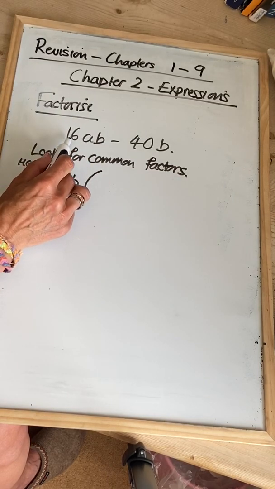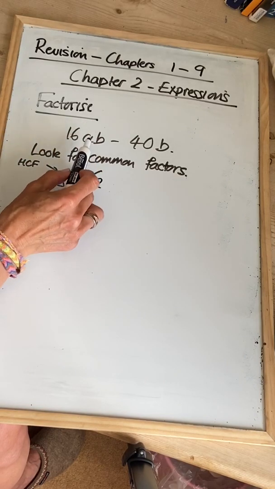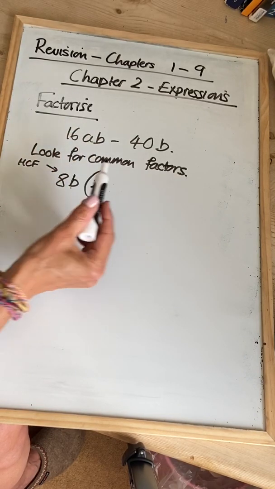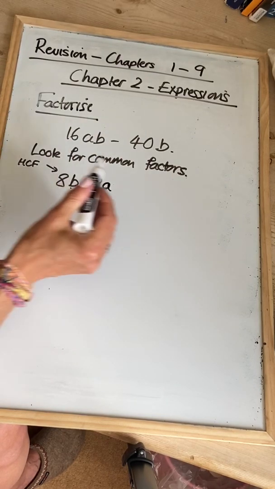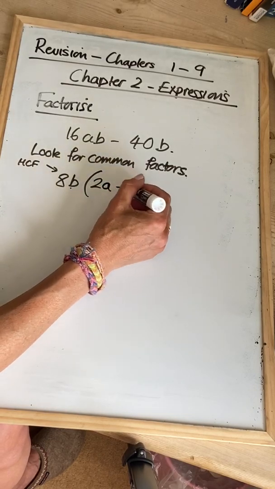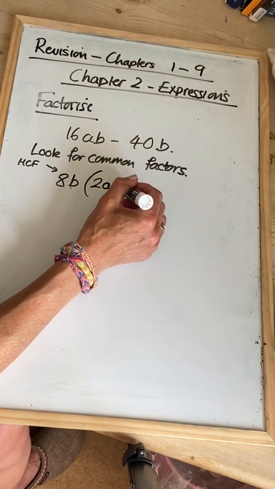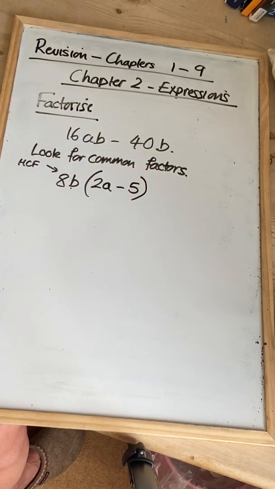Well, we want a 16, we've got an 8, so we need to times by 2. We want an AB, we've just got a B, so we need to times by A. Over here, we've got a 40, we've got an 8, so we need to times by 5, and it's a negative because it's minus. And we've already got a B, so that would work.